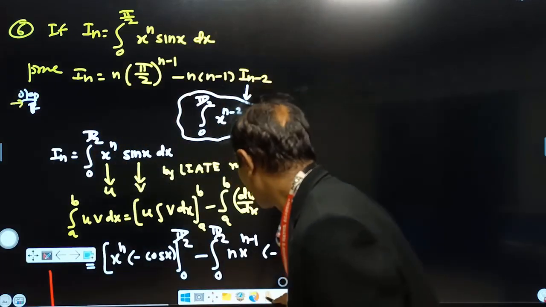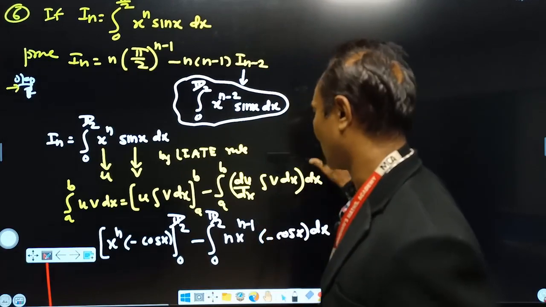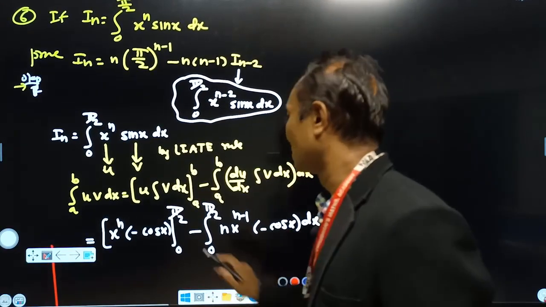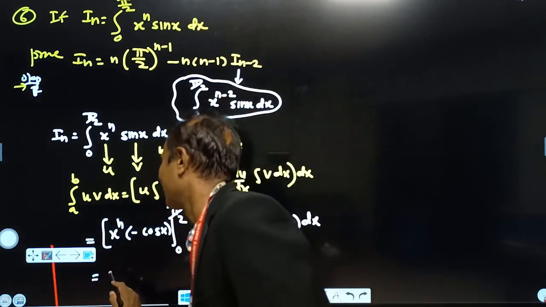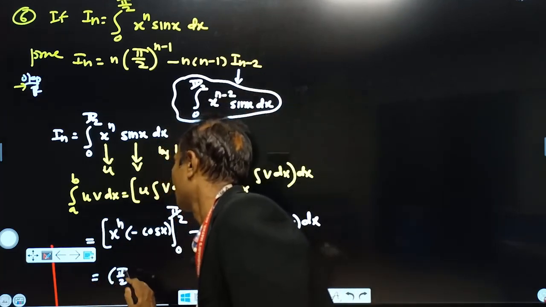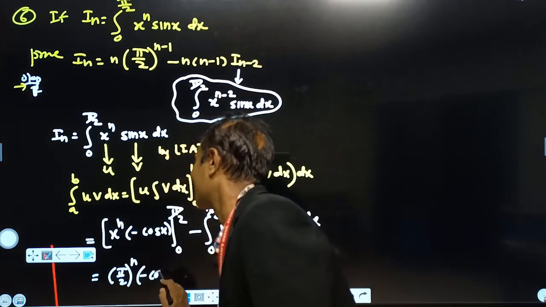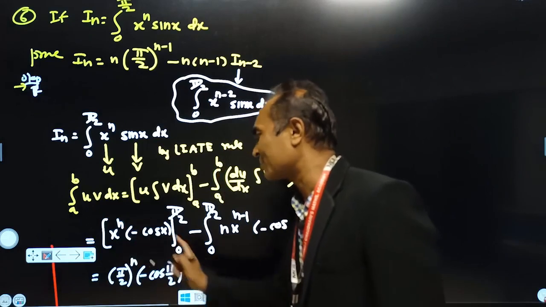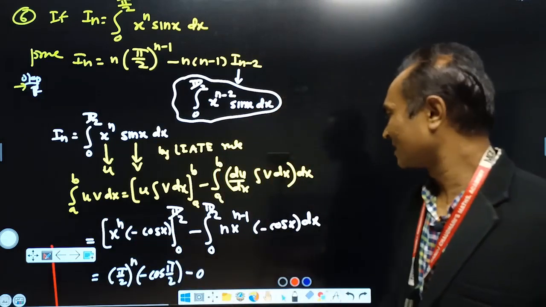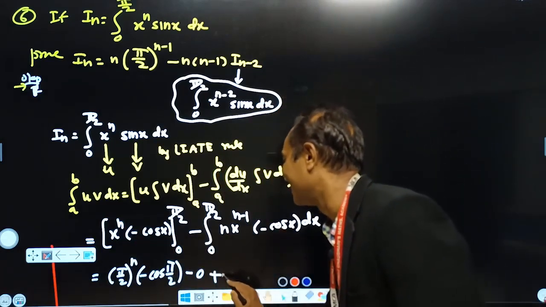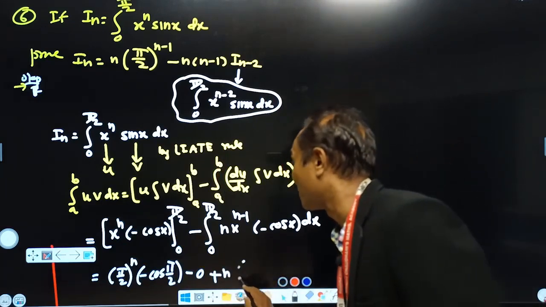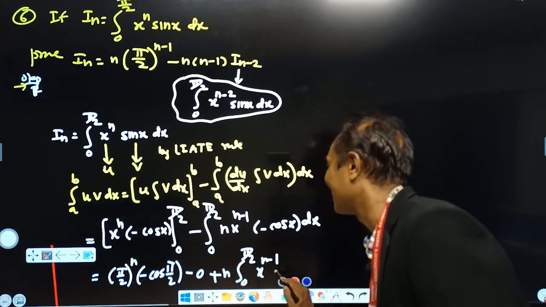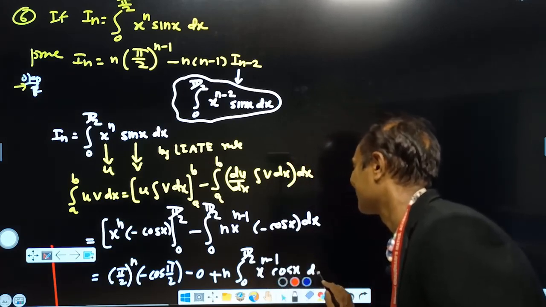So dear student, we replace the upper limit. It is very simple. Pi by 2 raised to n times minus cos pi by 2, minus the lower limit, x replaced by 0, it is 0. Minus minus is plus n, integral 0 to pi by 2 of x raised to n minus 1 into cos x dx.